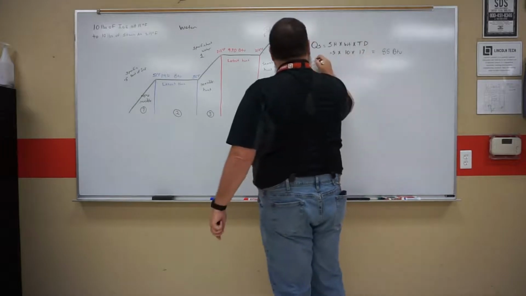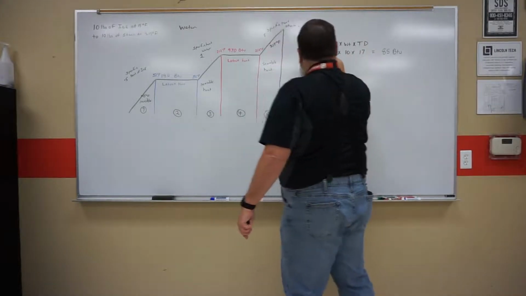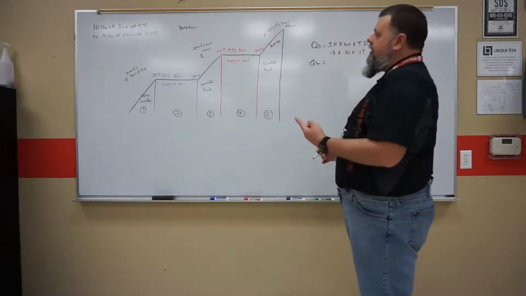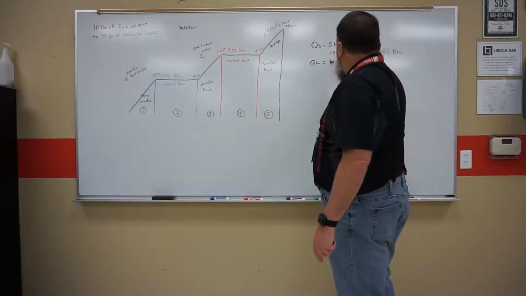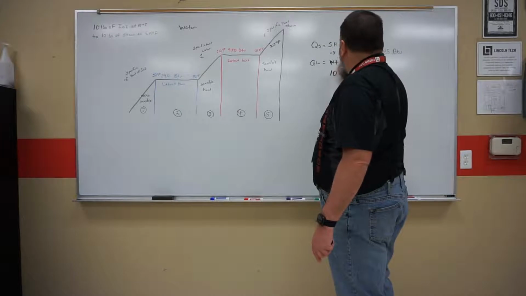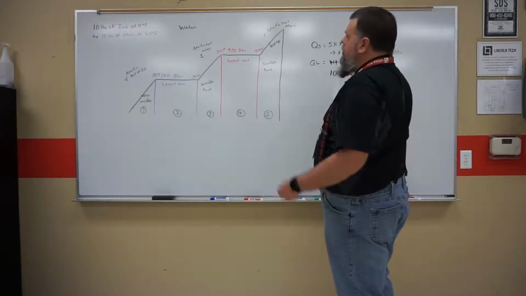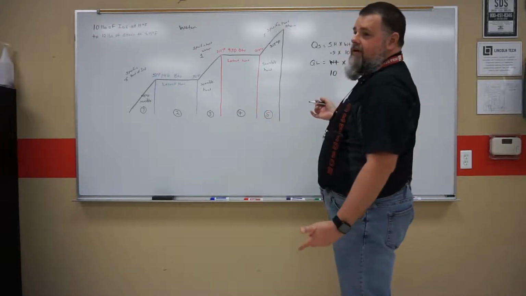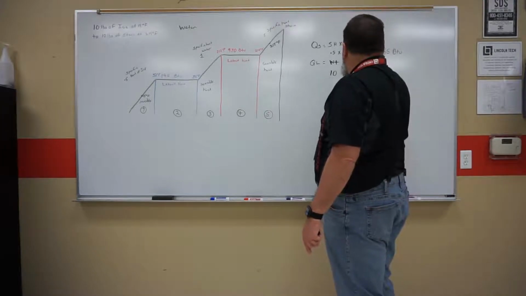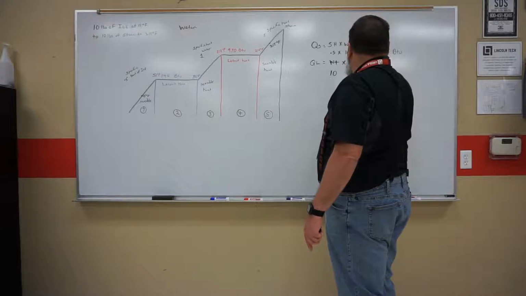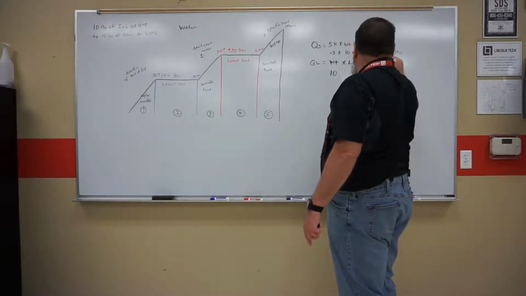Let's do Q sub L. Basically the latent heat calculation is the weight, which is 10, times your latent heat of fusion.